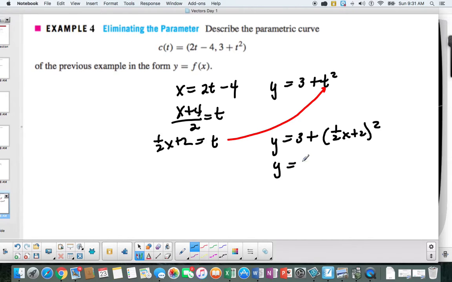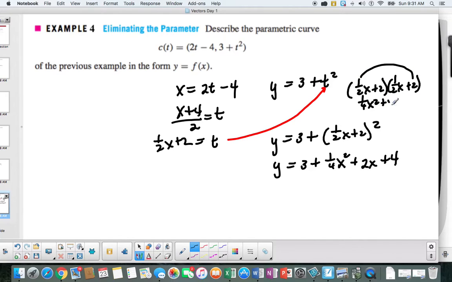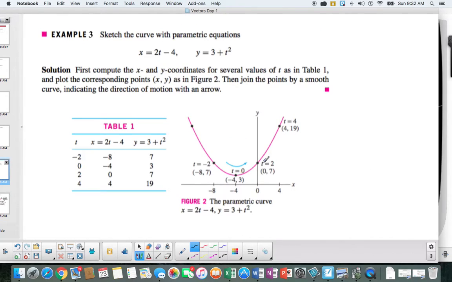So y is equal to 3 plus 1/4 x squared plus x plus 4, when I square this and multiply it out. And if I clean it up a little bit, let's go back to the picture and see if we really have a vertex at 0, 7, or a point at 0, 7. Here's our point at 0, 7, and our vertex ends up here.